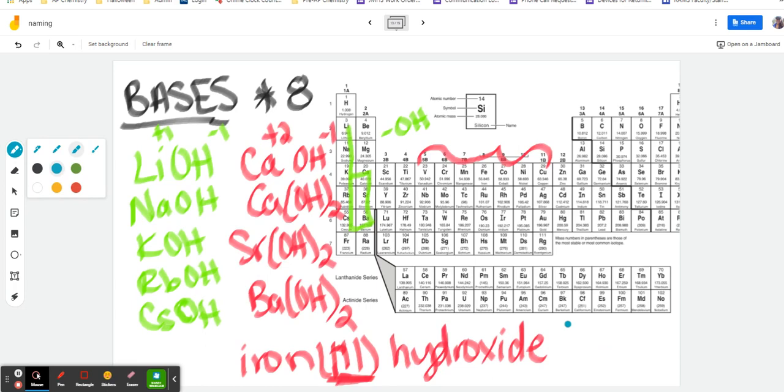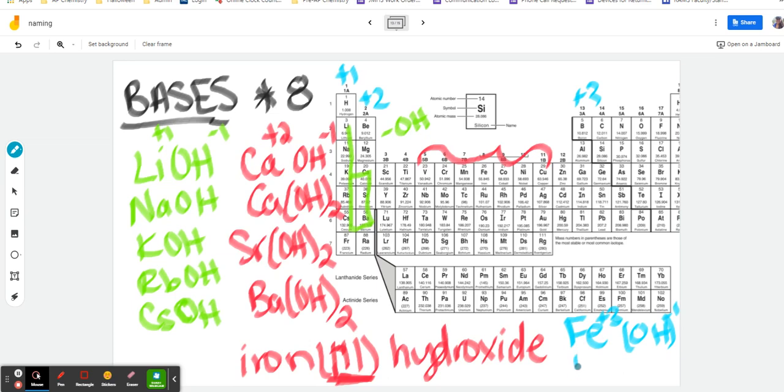So you would basically write this Fe, getting that from right here. There is not a guaranteed charge, right? It's not one of our +1, +2, +3s. But if I have a 3 right here, that's telling me it's a +3 up here. Hydroxide is still that -1. Crisscross those, we end up with Fe(OH)3. So don't forget to crisscross charges with these bases.